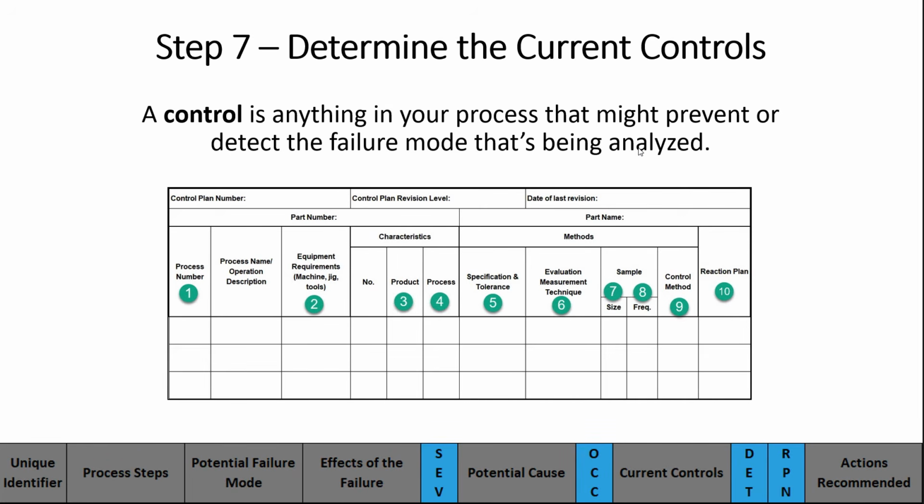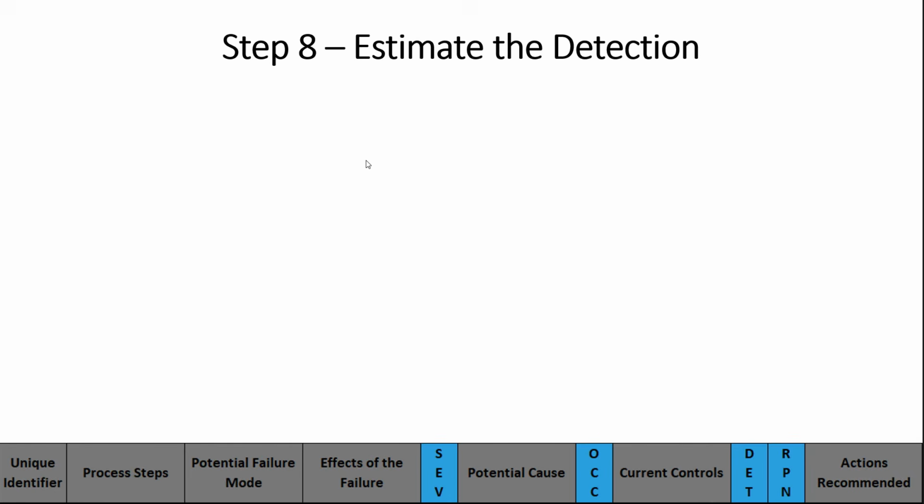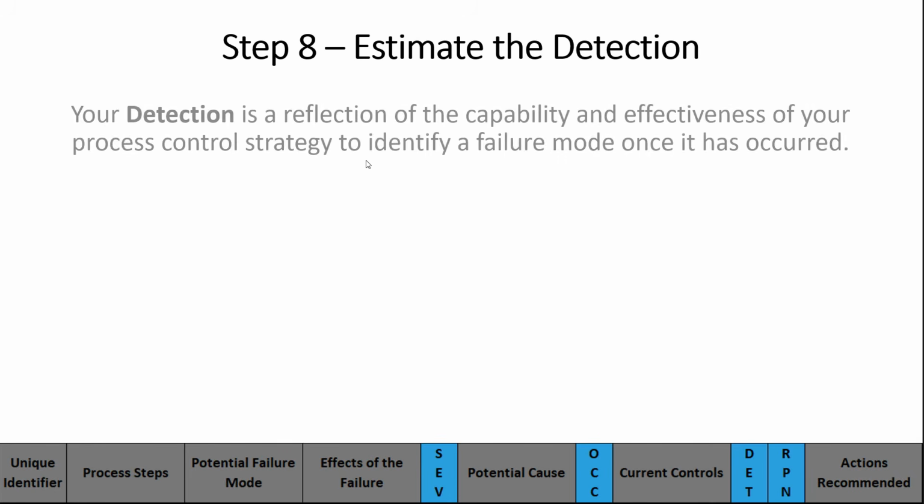We create a PFMEA to identify risks that should be controlled and monitored in our process. These two documents should be created hand in hand because you want to control the risks that you are aware of. So your control plan and your PFMEA are very much related. And again, it is just your ability to prevent or detect failures. Once you've defined your controls in your process, it's time to talk about detection.